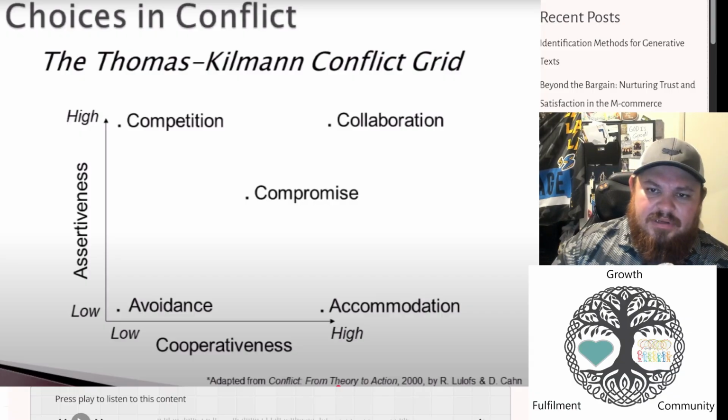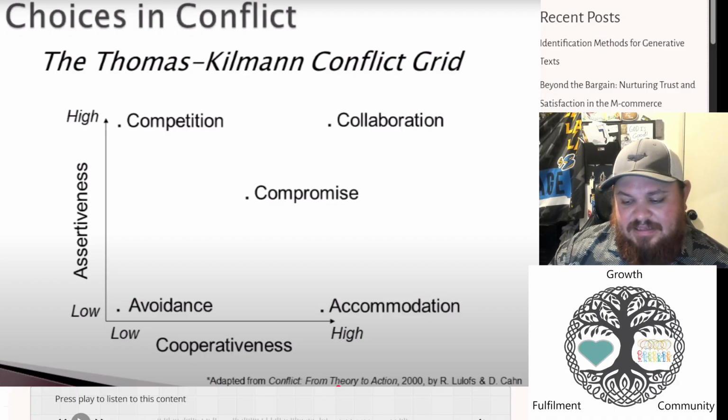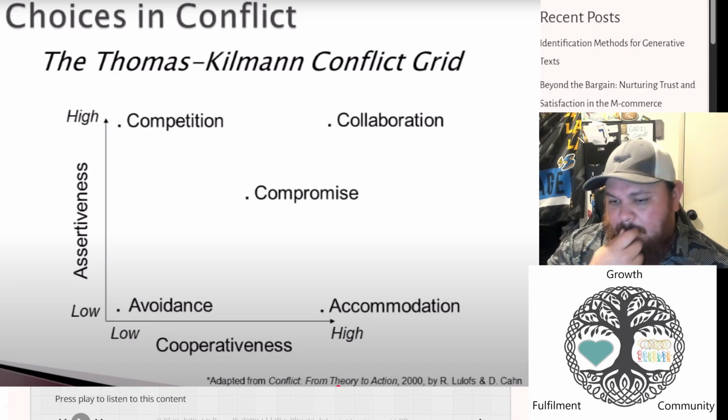For the first one, we'll do low and low. So low assertiveness and low cooperativeness. That's avoidance. Think of an instance where somebody sends you a draft flyer for an organization or a newsletter of some sort where there are typos, knowing that this newsletter isn't the final form and it's just a draft.